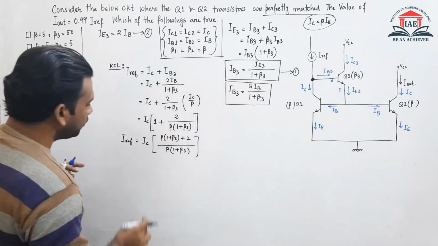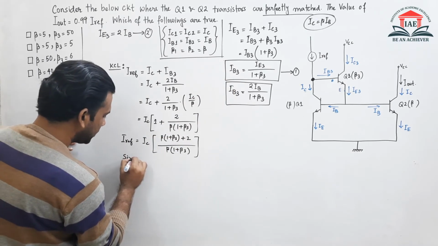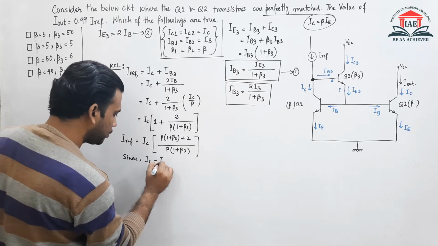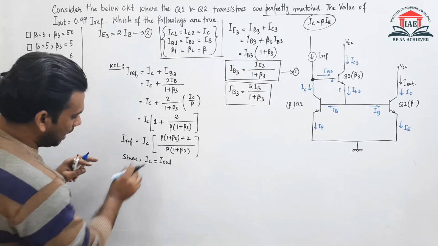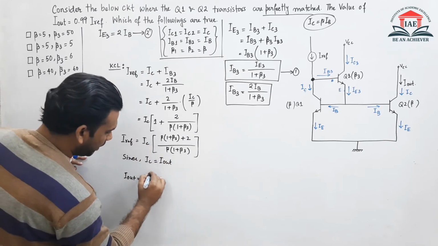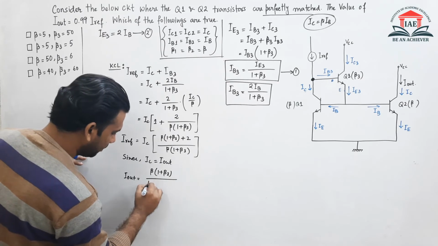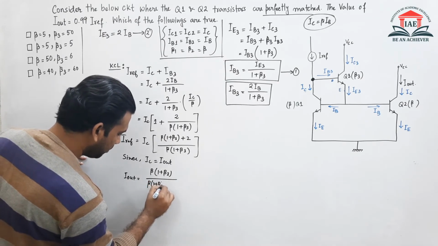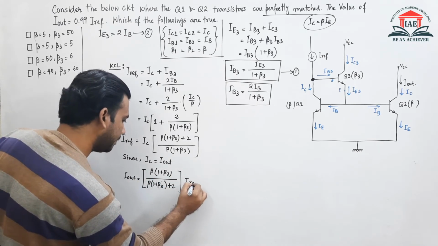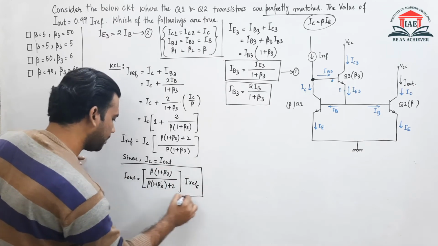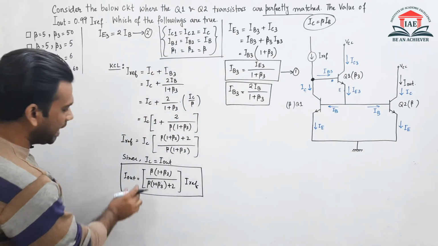So now, since IC is equal to I out, I out will be, this one will be in the numerator, beta 1 plus beta 3 divided by beta into 1 plus beta 3 plus 2, इसके साथ मल्टीप्लाई हो जाएगा I reference. So this is the final equation of the I out of this circuit, ये वाले सर्किट के लिए. So I out आपके पास आ गया.